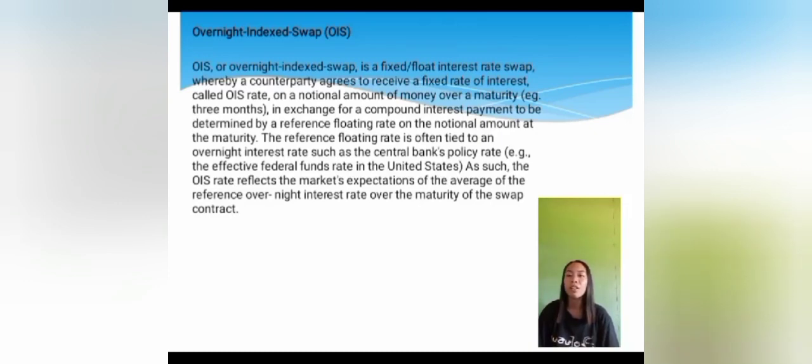The reference floating rate is often tied to an overnight interest rate such as a central bank's policy rate, for example the effective federal funds rate in the United States. As such, the OIS rate reflects the market expectations of the average of the reference overnight interest rate over the maturity of the swap contract.